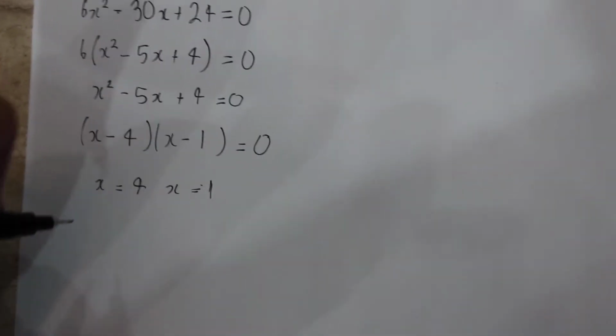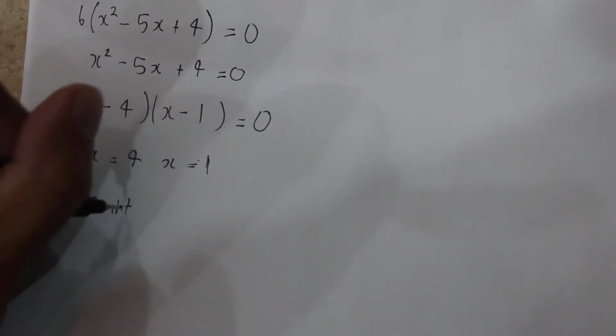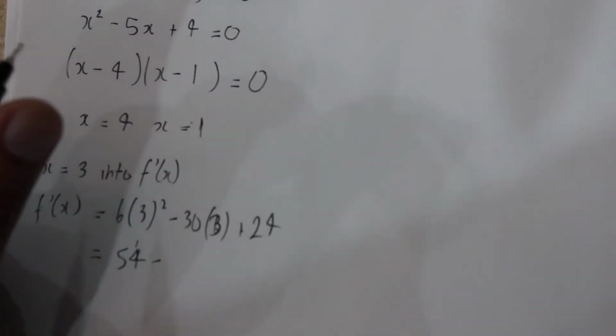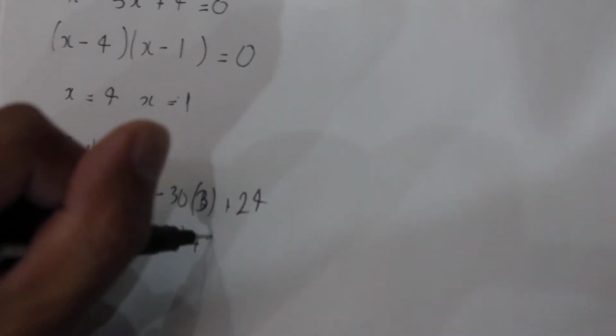So let's sub x equals 3 into f dash x. f dash x is 6 times 3 squared minus 30 times 3 plus 24. 3 squared is 9, times 6 is 54, minus 30 times 3, which is 90, plus 24.